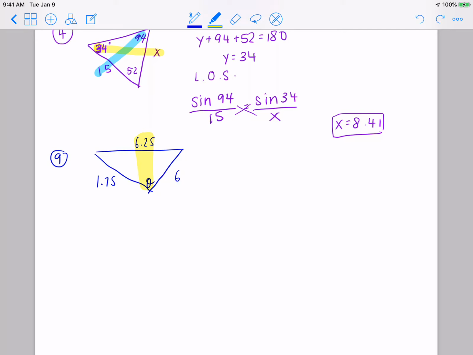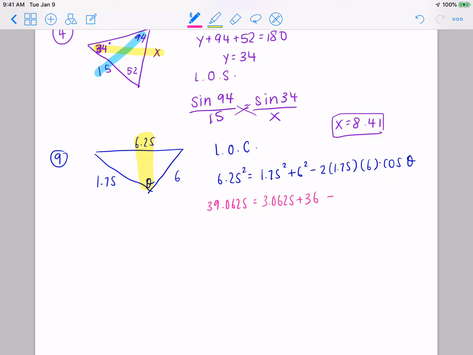Law of cosine. 6.25 squared equals 1.75 squared plus 6 squared minus 2 times 1.75 times 6 times cosine theta. Okay, 6.25 squared, we get 39.0625 equals 3.0625 plus 36 minus, multiplying all those three numbers together, we get 21 cosine theta.